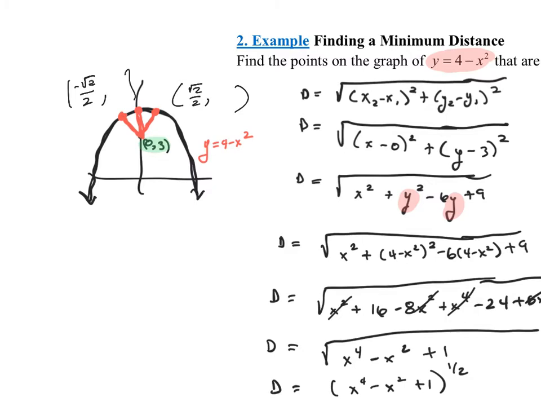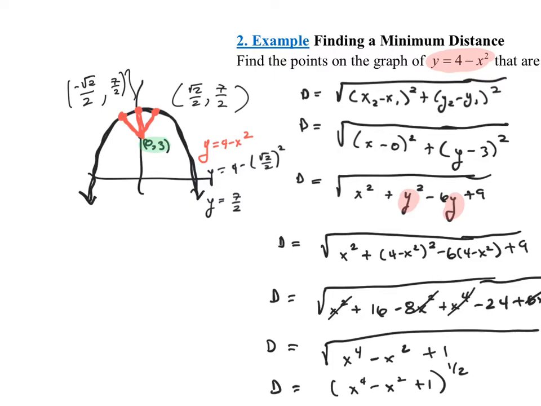Well, how do we find the y value? Just plug it in. y equals 4 minus, well, it'd be root 2 over 2 squared, or negative root 2 over 2 squared, which truly doesn't matter. Let's see what we get. Using my calculator, I'm getting 7/2, or 3.5, depending on if you have it written as a fraction or a decimal, and truly I don't care which one.